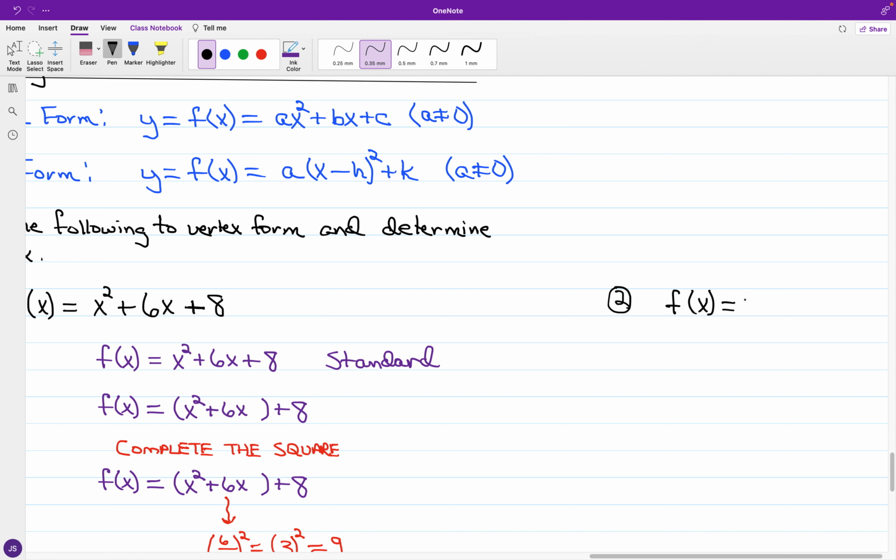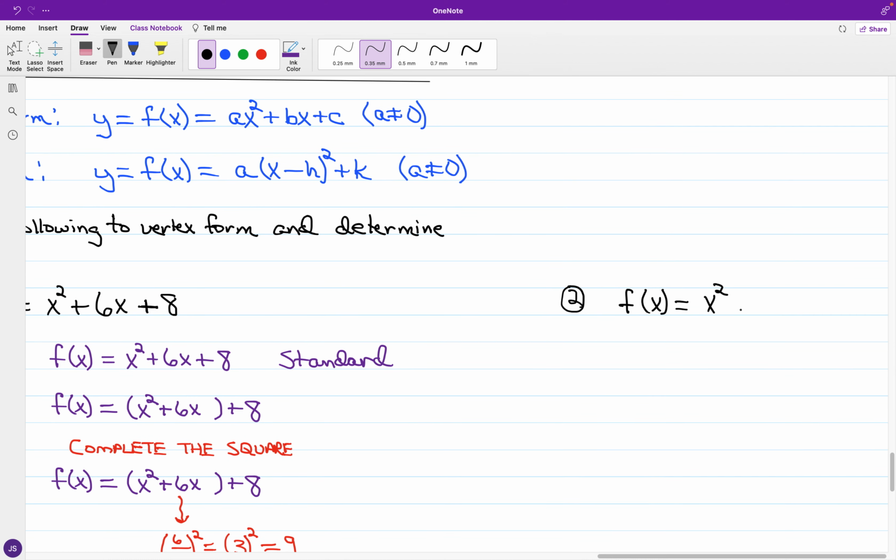And we'll say that we have f of x is equal to x squared minus 8x plus 20. So you have x squared minus 8x plus 20.